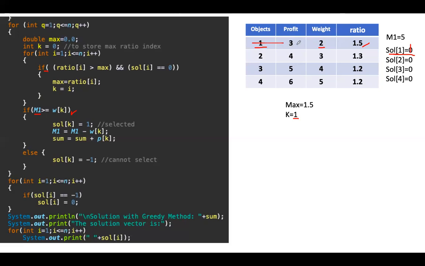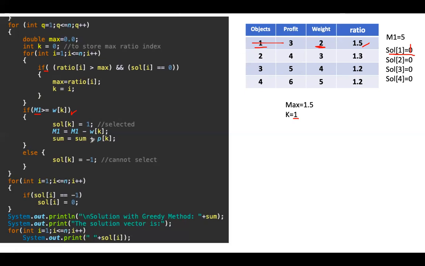If you consider this item into the bag, what is the remaining weight? M1 is equal to M1 minus 2, since the weight of the first item is 2. So the remaining weight should be 3. And sum is equal to, what is the profit we are going to get if we consider the first element?